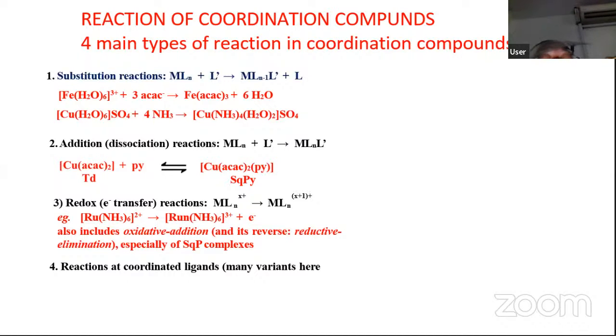So substitution is a replacement at the ligand, but there are also reactions that can take place at the ligand. So these are the 4 common types of reaction undergone by the coordination compound. And today, we will focus on the substitution reaction. Okay, next slide.